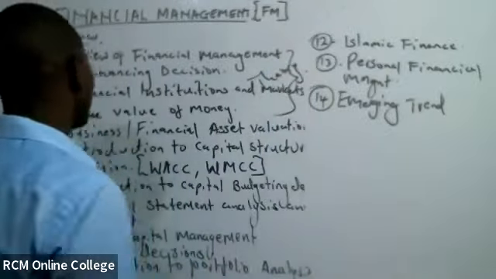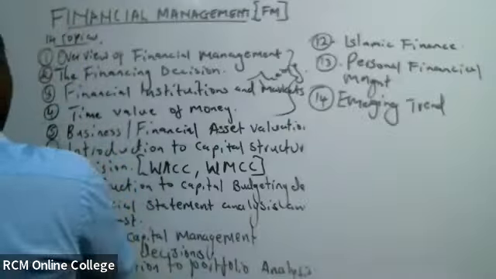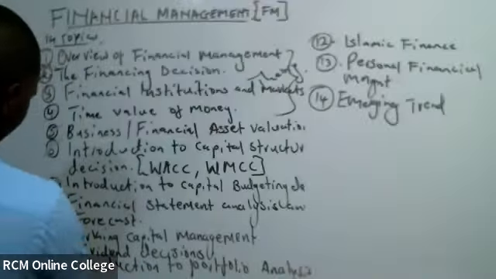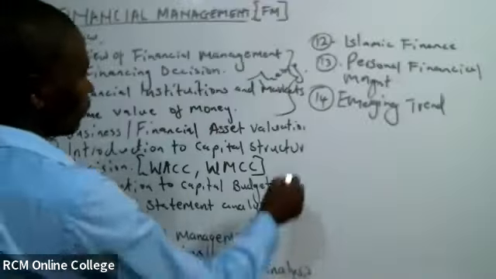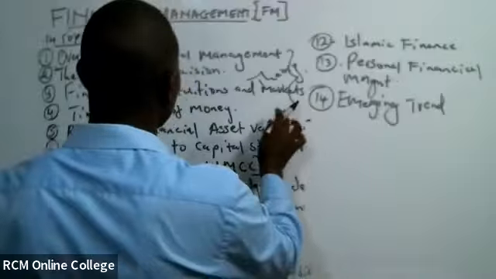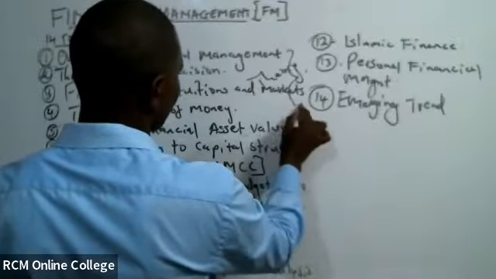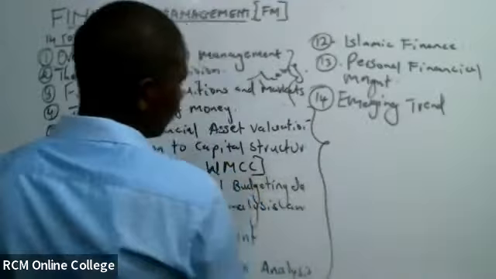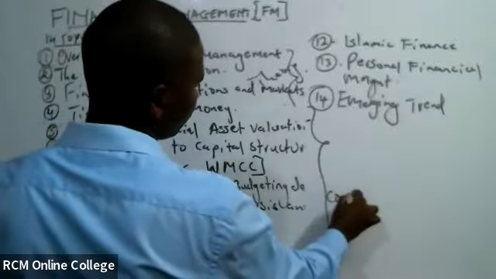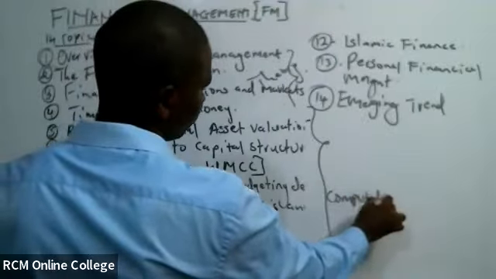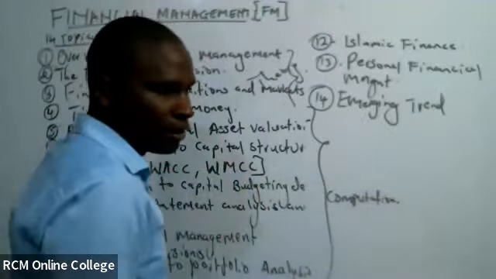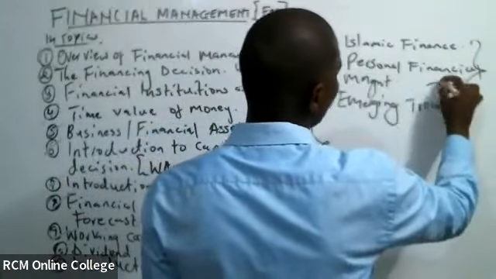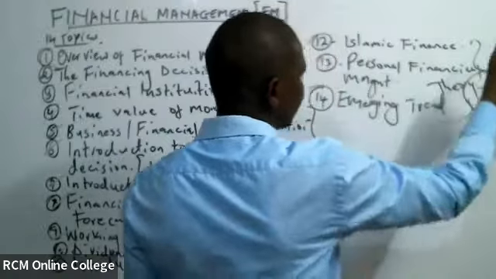From topic 4, 5, 6, 7, 8, 9, 10, 11, they are computation topics. Now, from time value of money, these are computation. Aha. The last three here are also theory topics.